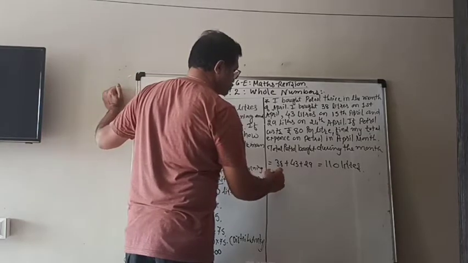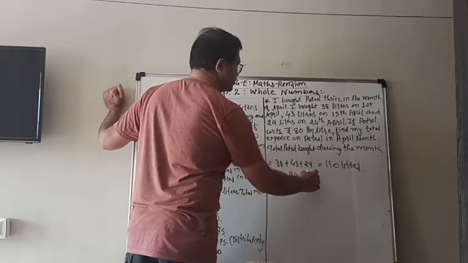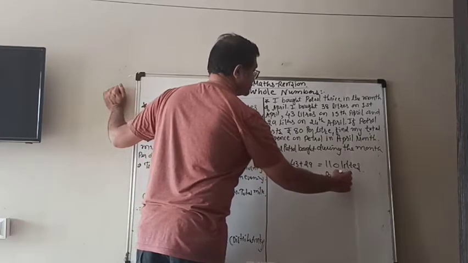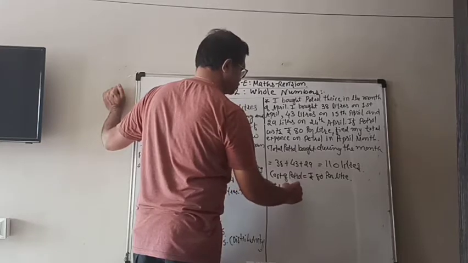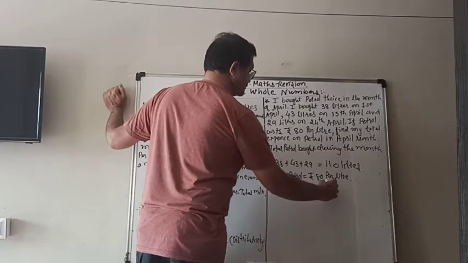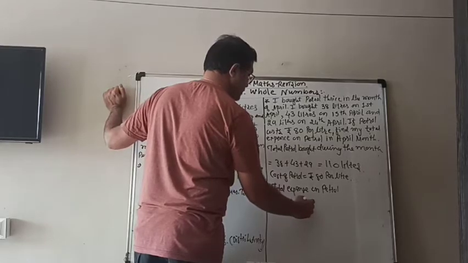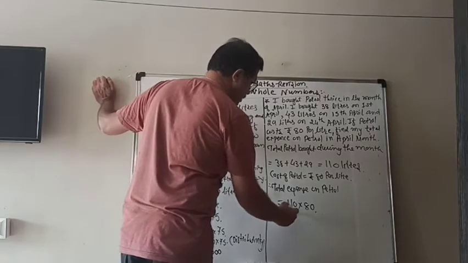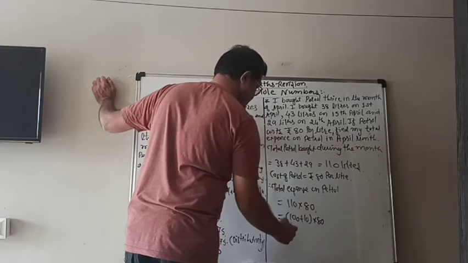Now cost of petrol is equal to rupees 80 per liter. Therefore, total expense on petrol is equal to 110 multiplied by 80. Here also we can do 100 plus 10 multiplied by 80.